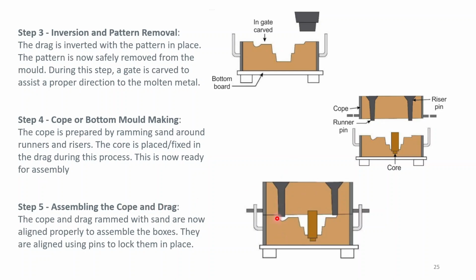You will be putting these on top of each other. The cope and the drag rammed with sand are now aligned properly to assemble the boxes, and these are aligned using pins to lock them in place. Okay, now these are the pins that I used.